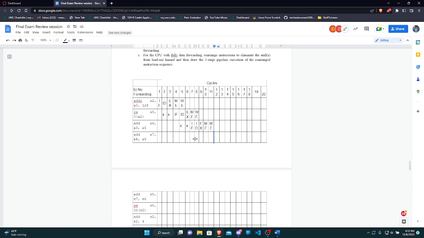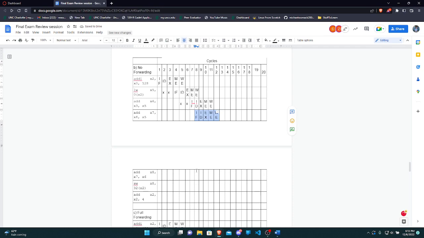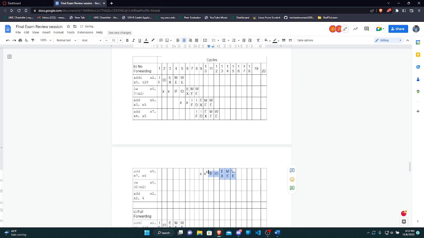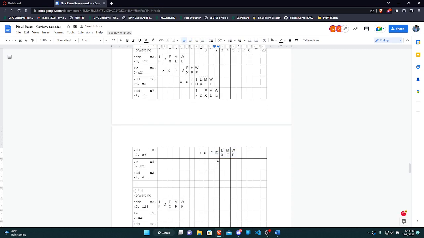Then you do not have a dependency between this line and the line above it, so normal. You have a dependency here with x7, you have a dependency here with x8, and then no dependency here. So pretty straightforward.